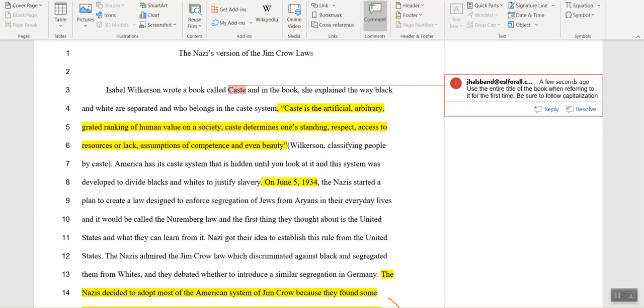Capitalization rules for titles in American English, and to use MLA formatting rules for titles.